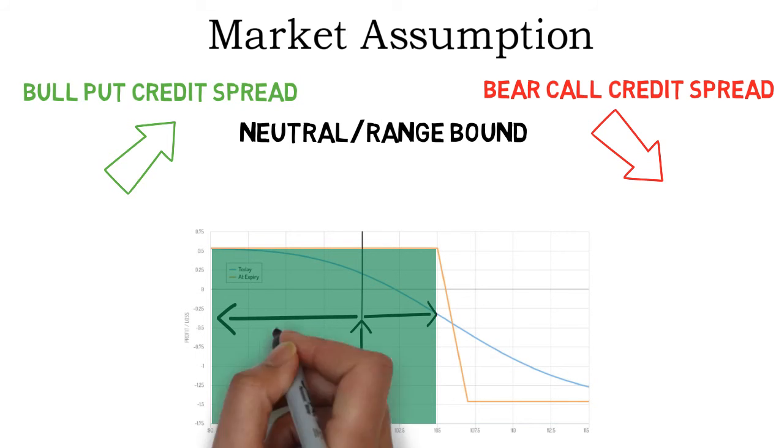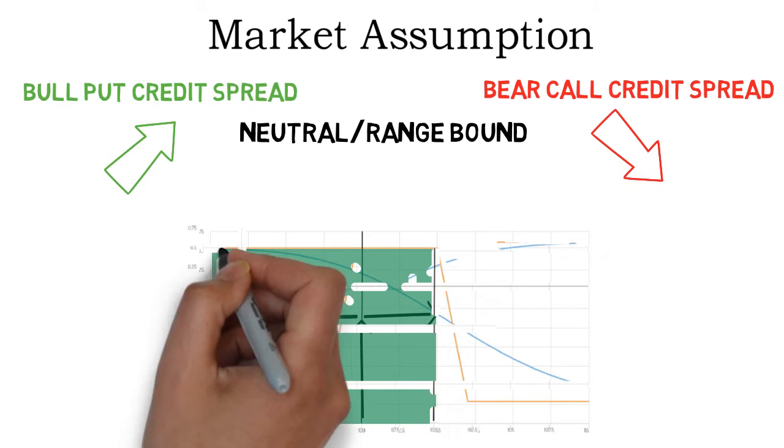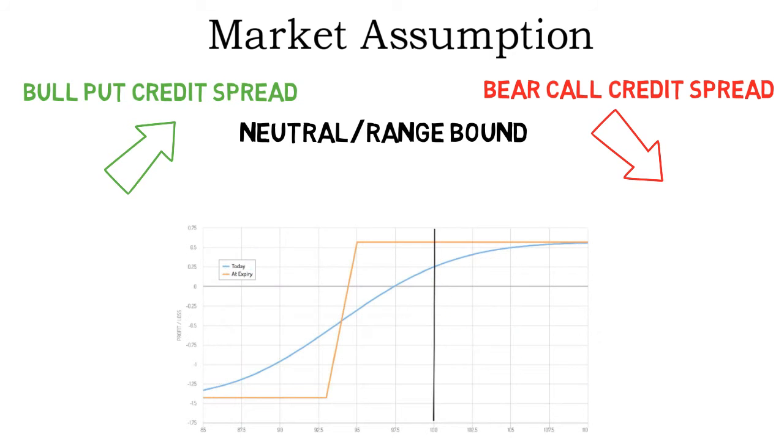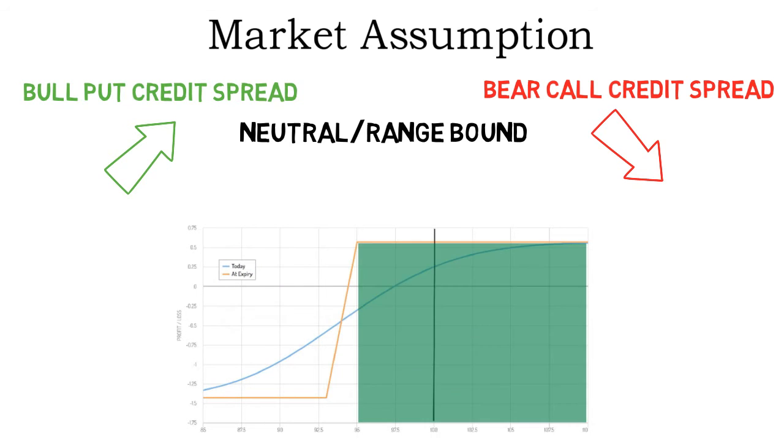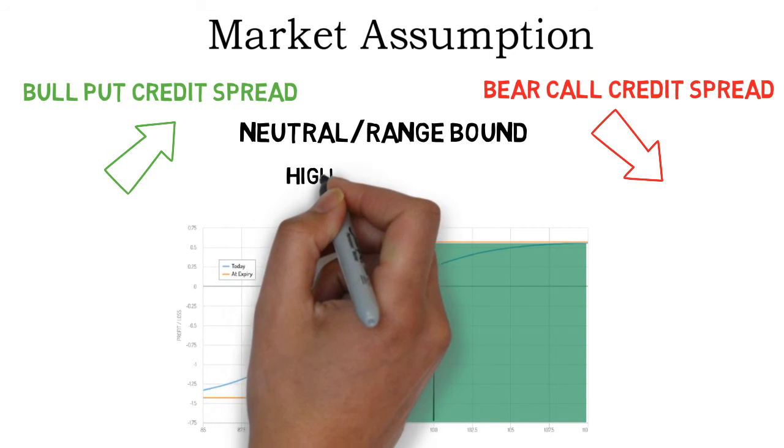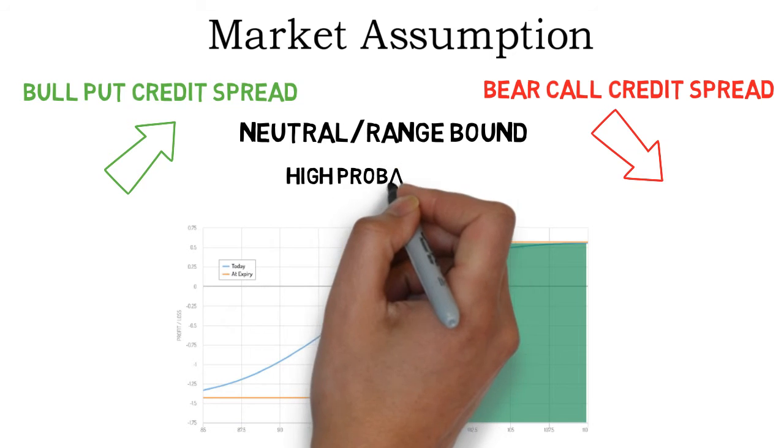The same goes for a bear call credit spread. They have a big profitable range as well. So the price can either move in one direction, stay the same, or move a little in the other direction. This big profitable range makes credit spreads a very high probability strategy.